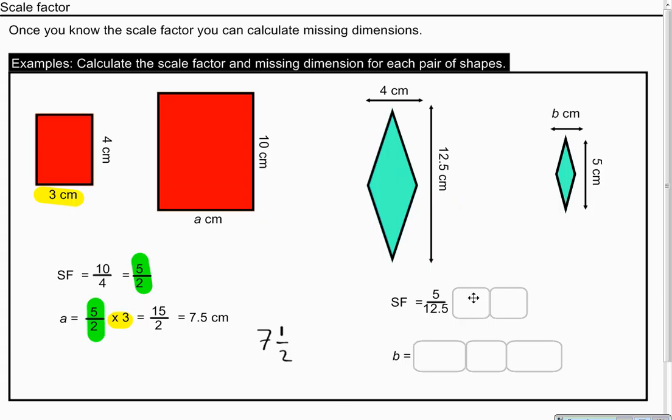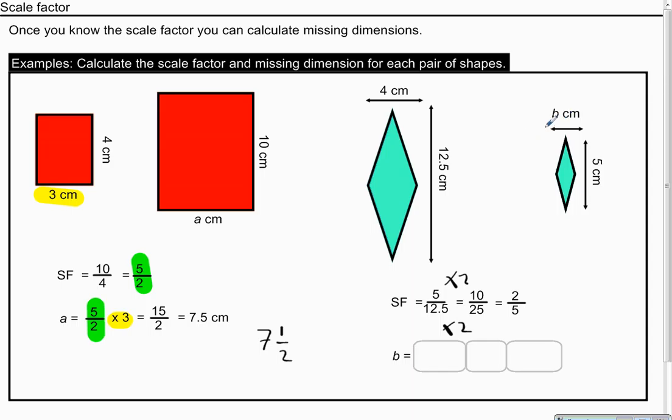Rather than trying to make them smaller, if I double the top and bottom, so times the top by 2 and times the bottom by 2, it would give me 10 over 25. Get rid of that horrible decimal on the bottom. Both of these can be divided by 5, giving me a scale factor of 2/5. 2/5 being less than 1 reinforces the fact this is a reduction.